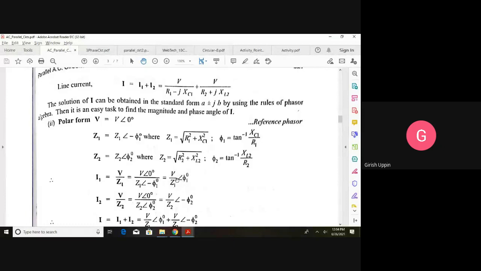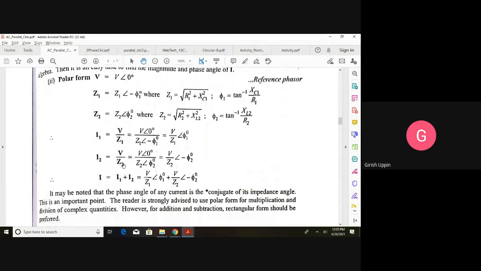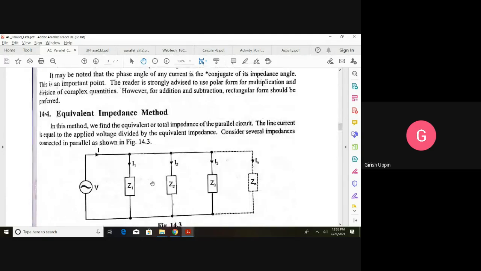You can do this calculation. So this would be 0, then minus of minus becomes plus, so V by Z1 at an angle plus phi 1. Similarly, you can calculate I2, then I1 plus I2, the total current. Then this is the equivalent impedance method.